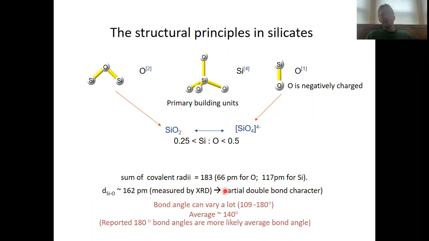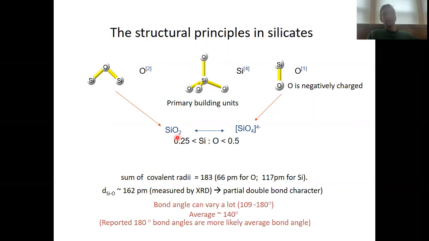This can be measured by X-ray diffraction. However, the sum of the covalent radii is significantly longer. You all probably know that bond length relates to bond order. So the fact that we have a bond length which is typically smaller than the sum of the covalent radii indicates that we do not have simple single bonds, but often the bonds have double bond character.